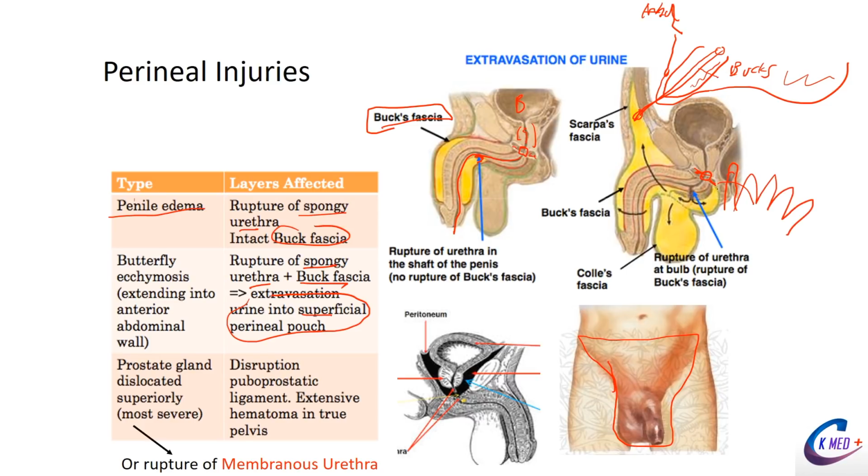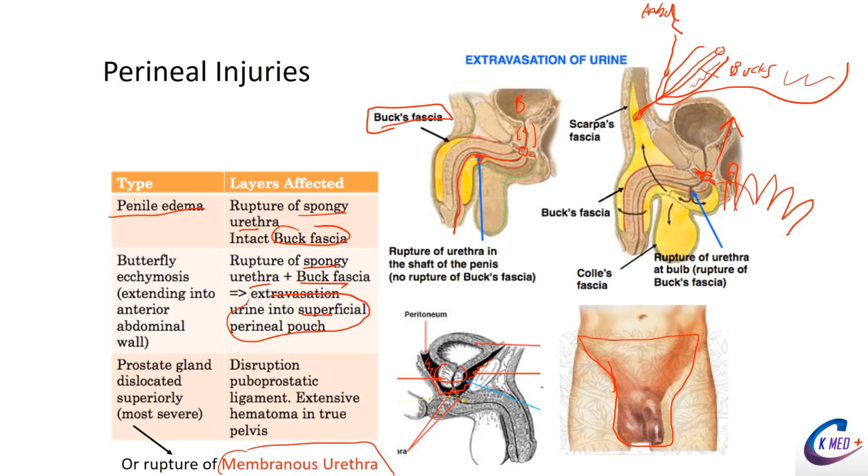Okay, I shouldn't be sticking my thumb, but that's my finger, and I'm feeling for my prostate. If this is cut, my prostate's going to go upward, and this is known as a high-riding prostate, which you can see in this picture. And I'm going to be bleeding into this area that's filled with black blood right here, and that is my deep perineal pouch, and that's due to a rupture of my membranous urethra.